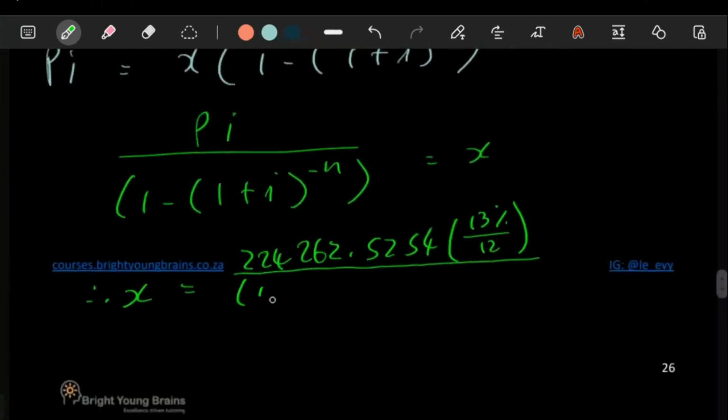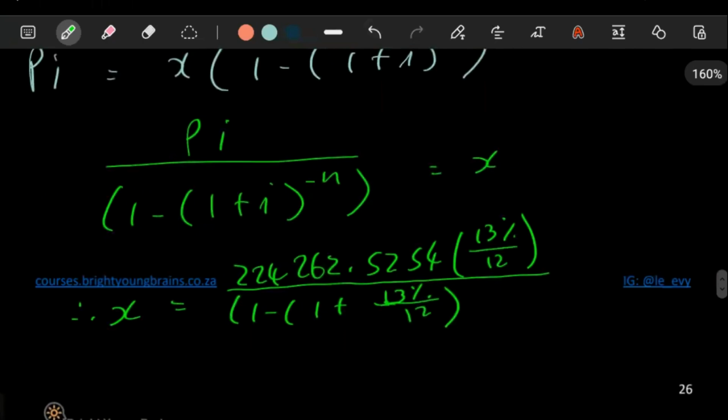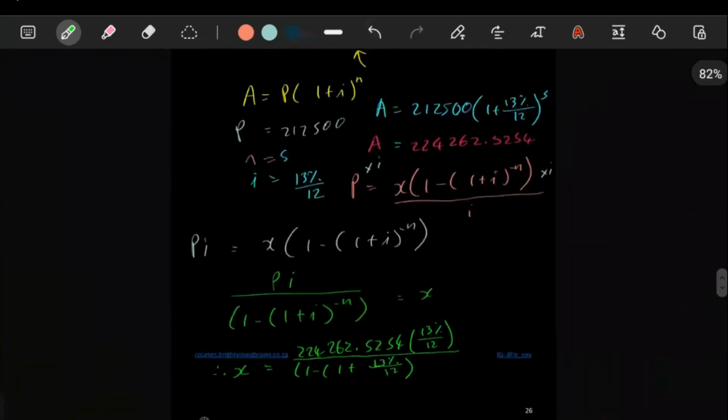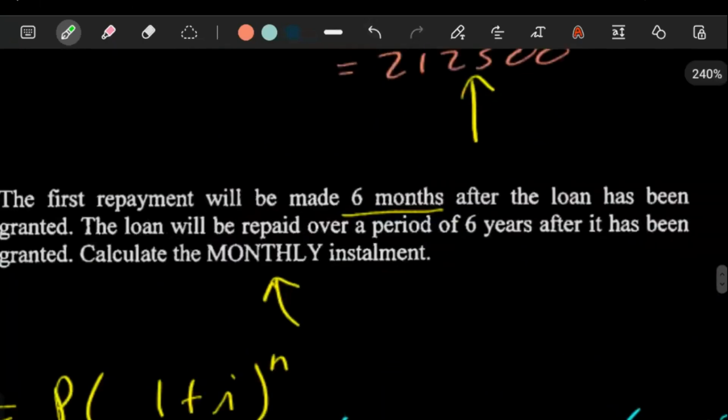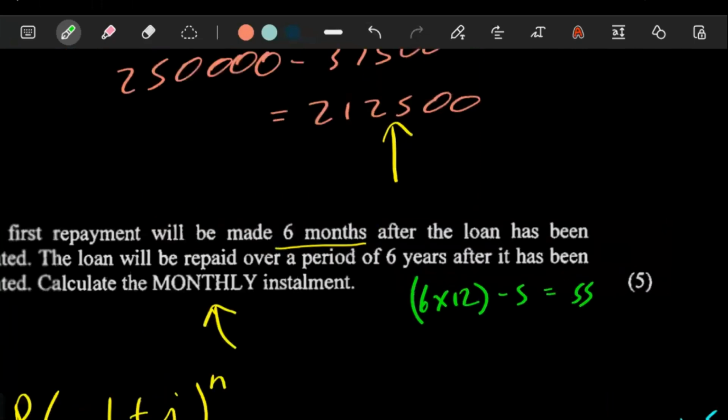Oh, no, it's 1 minus the bracket, 13% over 12. And what is n? 6 years times 12, minus the 5 that has passed. What are you going to get? 60 minus 5, that's like 55.